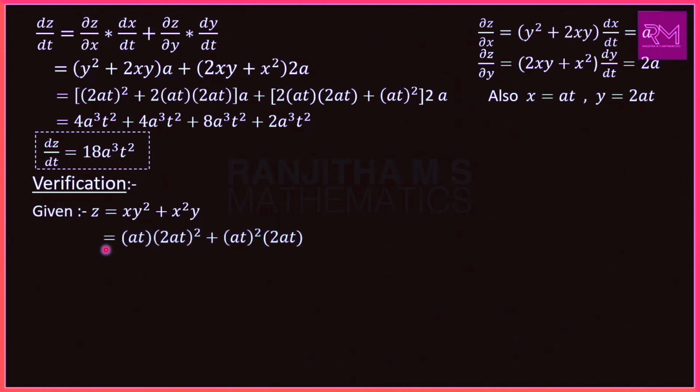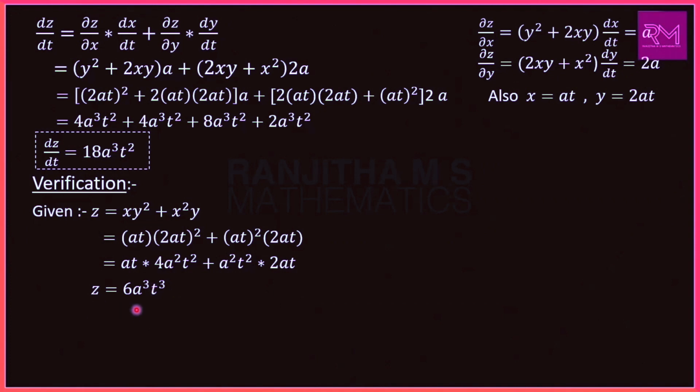We get x value at into y square value 2at whole square, plus x square, which is at whole square, into y value 2at. Here at into 2at whole square is 4a cube t cube, plus at whole square is a square t square into 2at, which is 2a cube t cube. Hence we get the z value as 6a cube t cube.